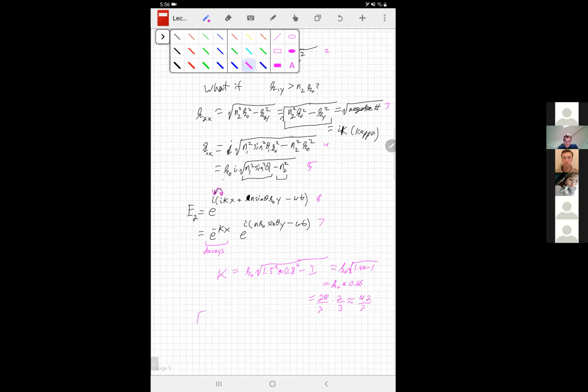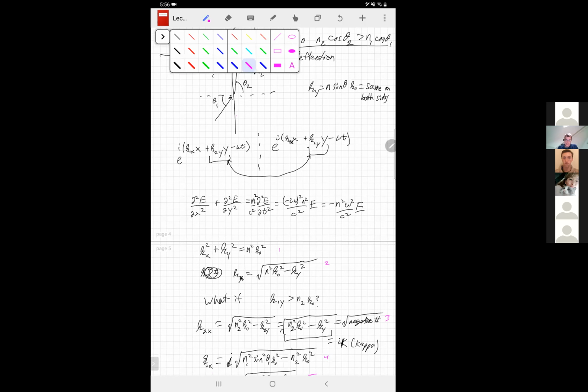So we would have that E2 is proportional to e to the minus 4.2 x over lambda. So that decays a whole lot within one wavelength. If we go just one wavelength away from the interface, E has decayed from whatever it was at the interface to e to the minus 4.2 times that.